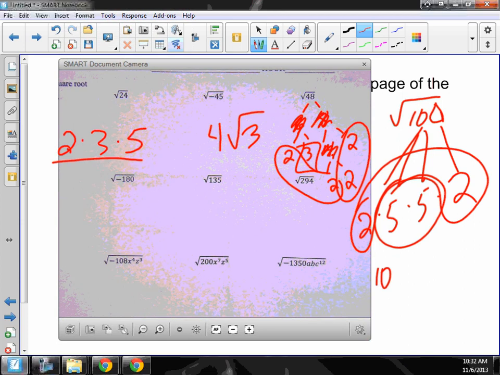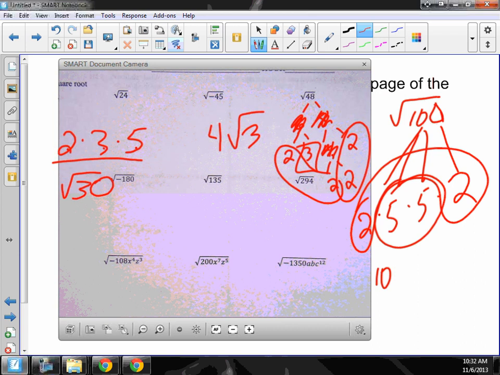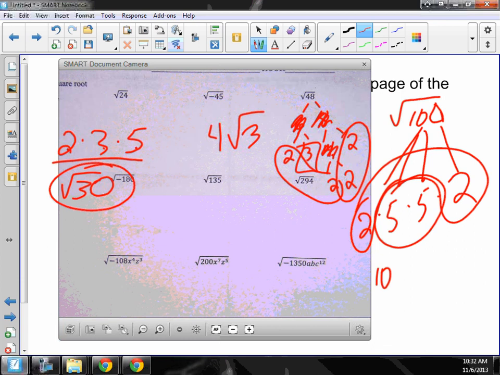So 2 times 3 is 6 times 5. It's the square root of 30. If I factored 30, I'd get 2, 3, and 5. And nothing comes out, which means that this does not simplify. It's kind of like saying, simplify 3/4. Well, you can't. It's already simplified. Okay?